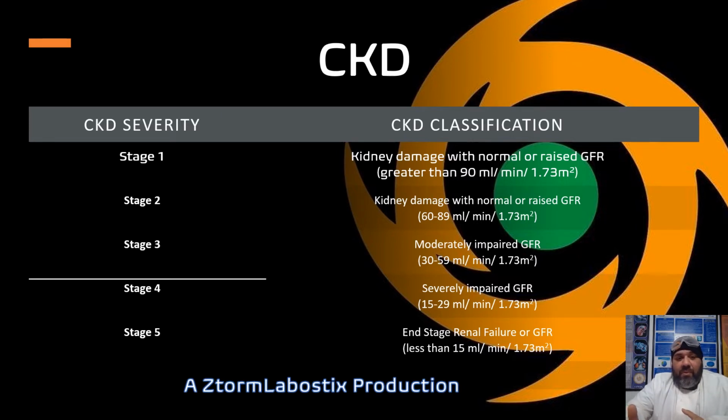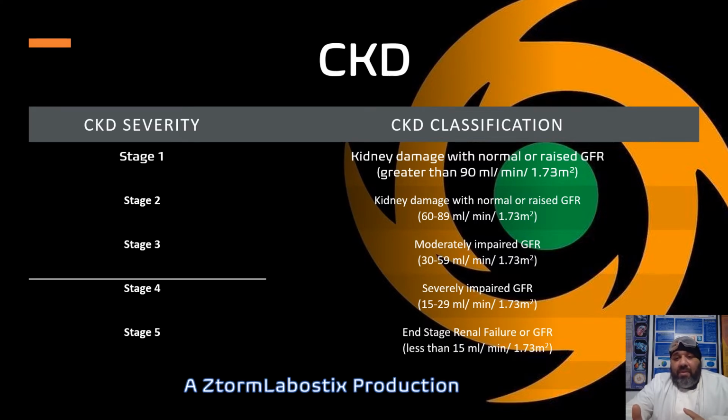For example, in stage 1, there's kidney damage with normal or raised glomerular filtration rate, so it's greater than 90 mils per minute. Stage 2 is kidney damage with normal or raised glomerular filtration rate as well.